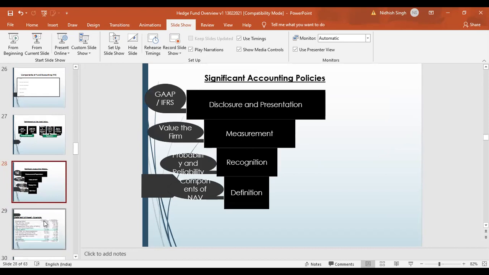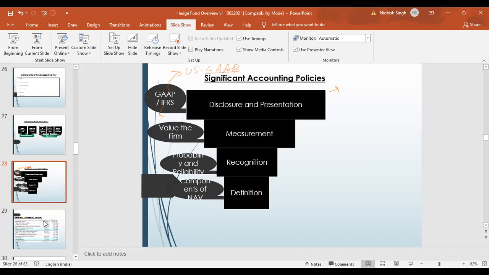Accounting policies are important. Of course, we cannot go into the depth of this, but generally, the popular accounting standards are GAAP. GAAP is the short name for the US Generally Accepted Accounting Principles. And then IFRS, International Financial Reporting Standards. These are the two main standards under which the financial statement and the NAV are prepared.